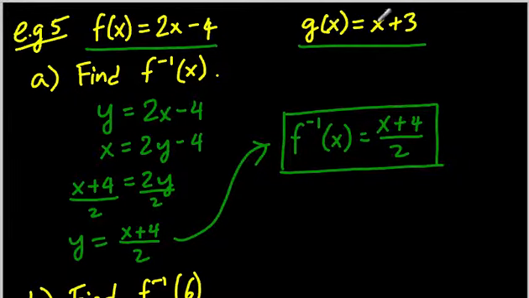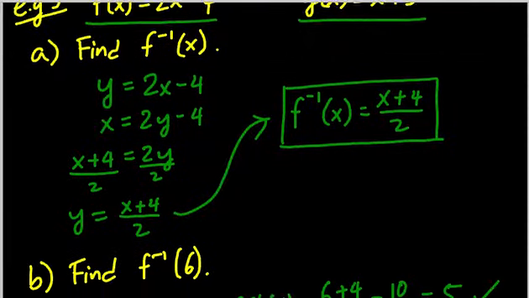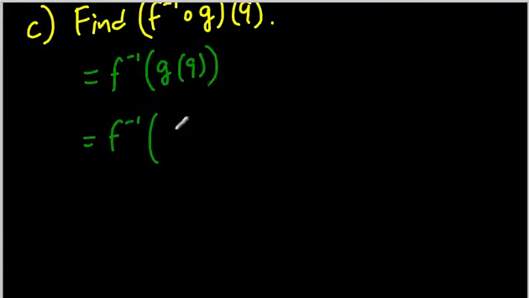So whatever number is here should go over there. So g of 9 should be equal to 9 plus 3. So this is equal to something plus 3, and that something happens to be 9. So if I rewrite this, it's f inverse of 12.